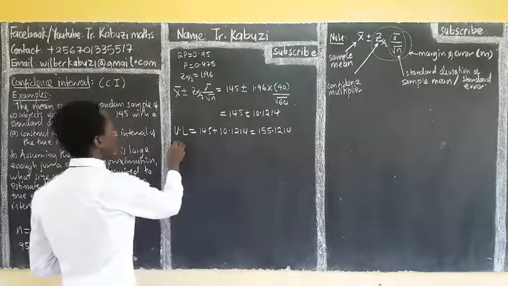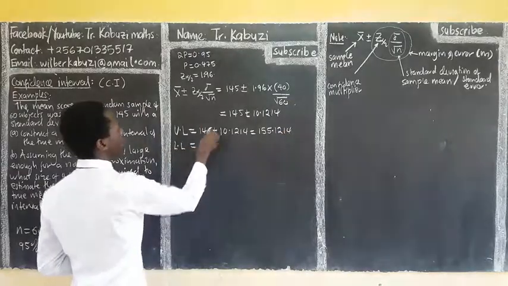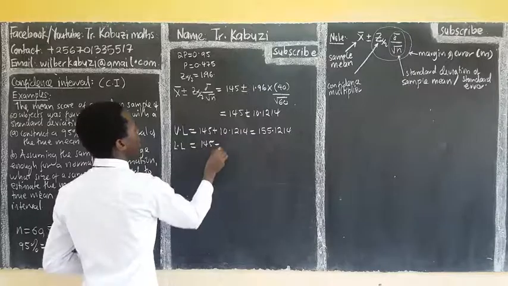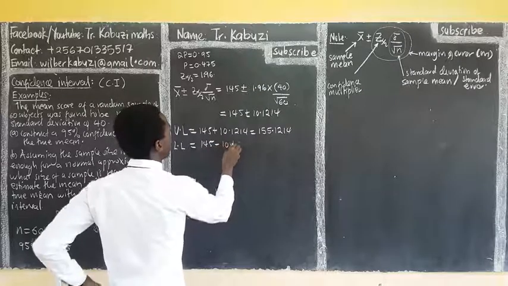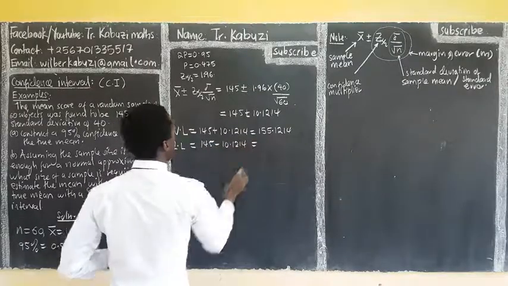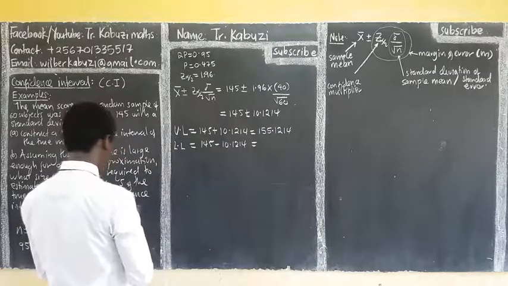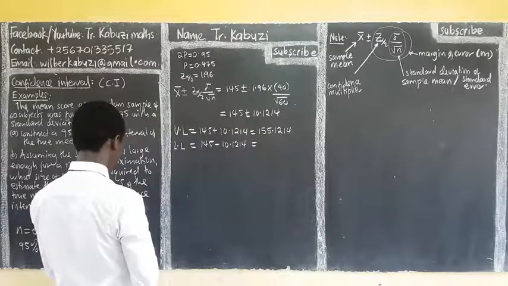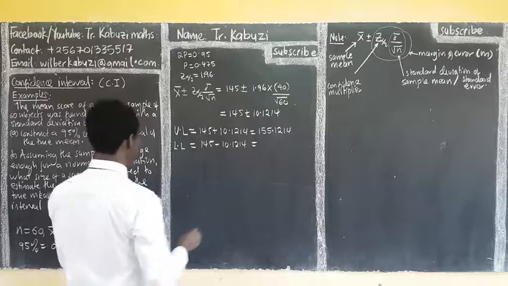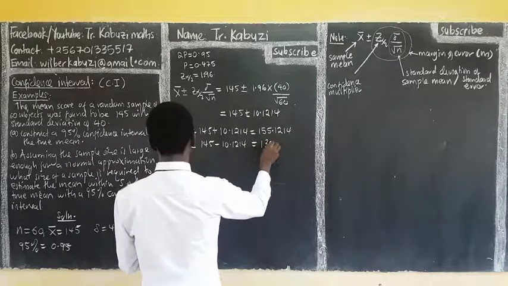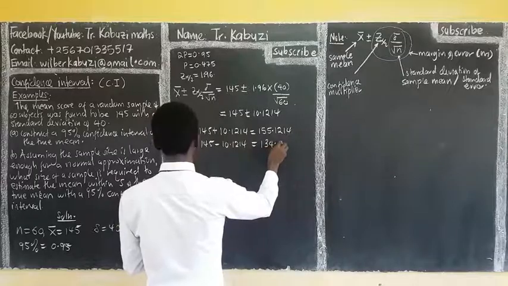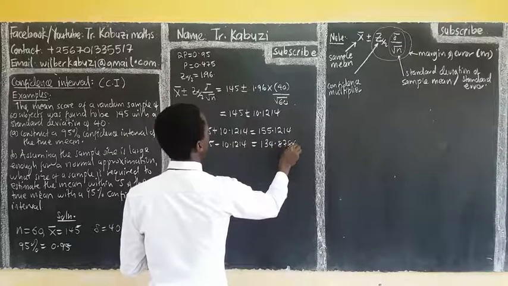When you add this, you get 155.1214. Then our lower limit is 145 minus 10.1214, and the answer we get there is 134.8786.